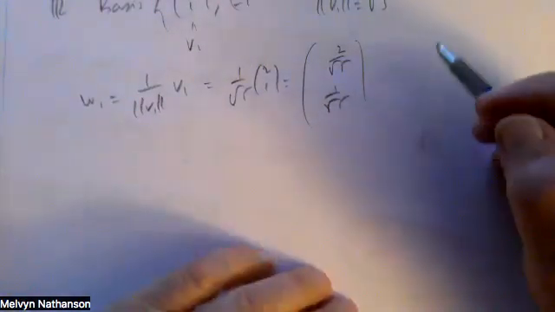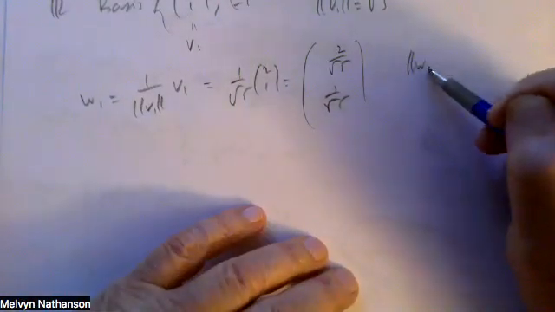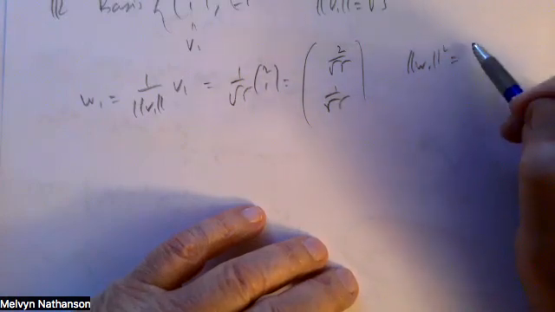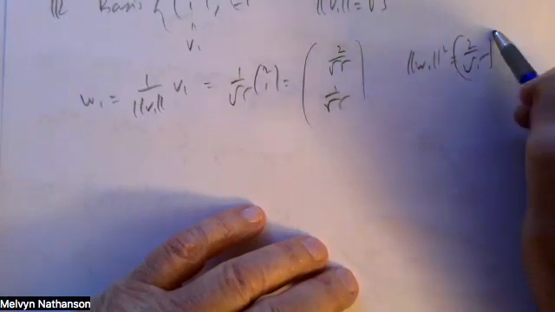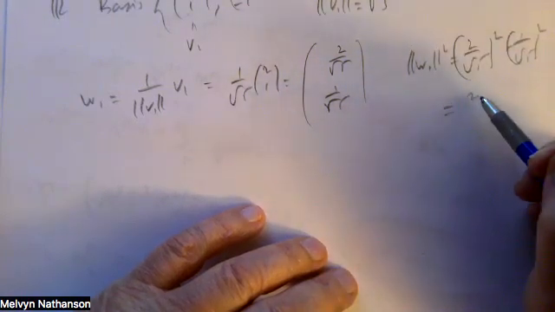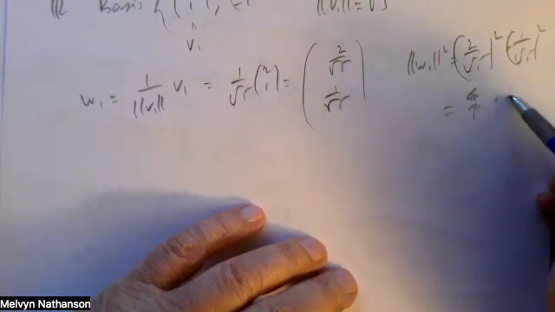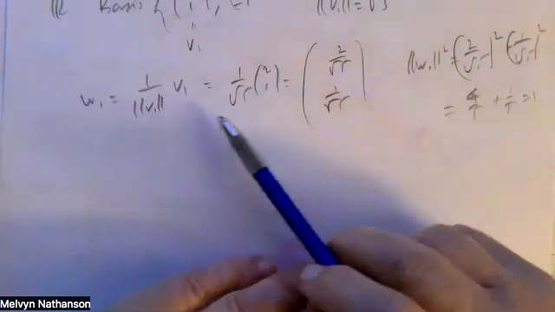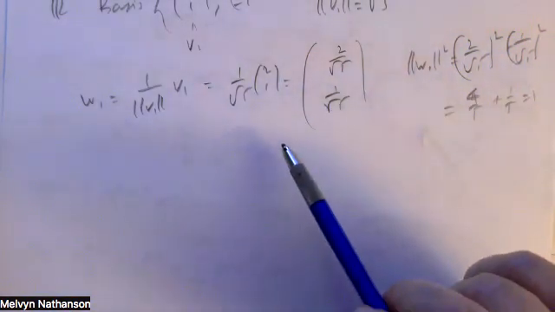And again, if you don't believe this is a unit vector, you just do the calculation. The length of w1 squared is (2 over root 5) squared plus (1 over root 5) squared. This is 4/5 plus 1/5, which is 1. So this vector has length 1.